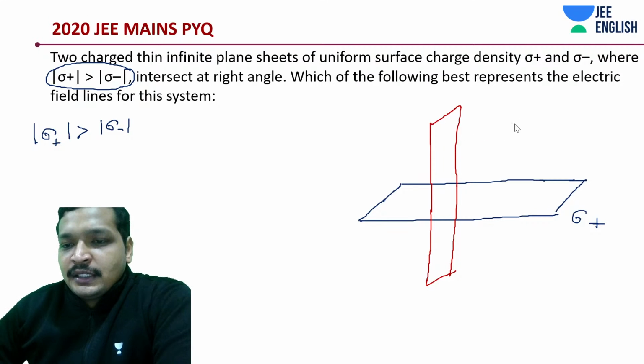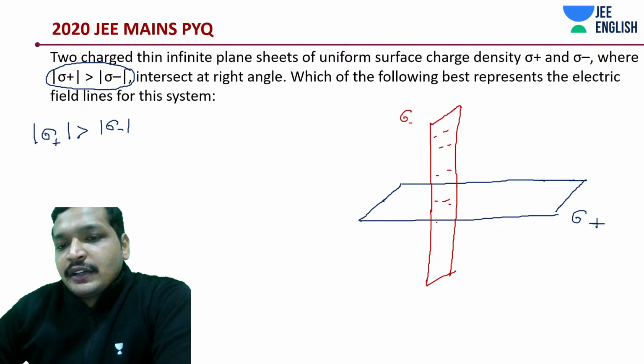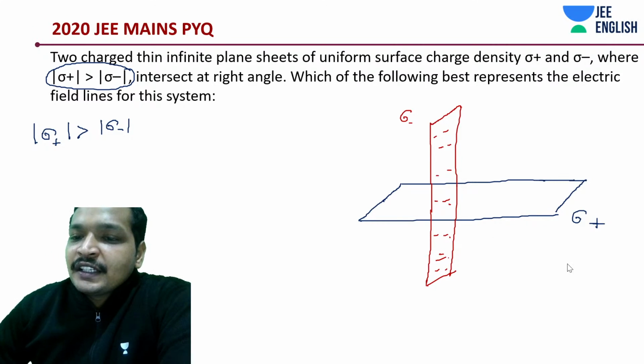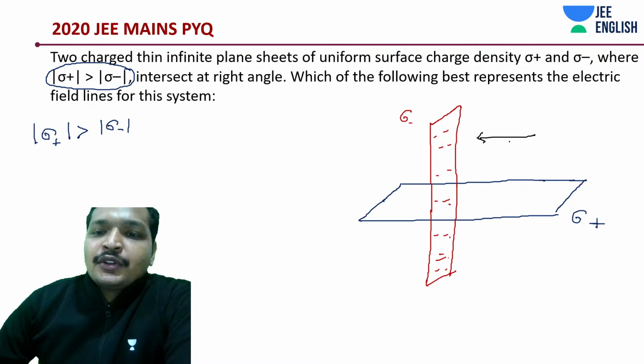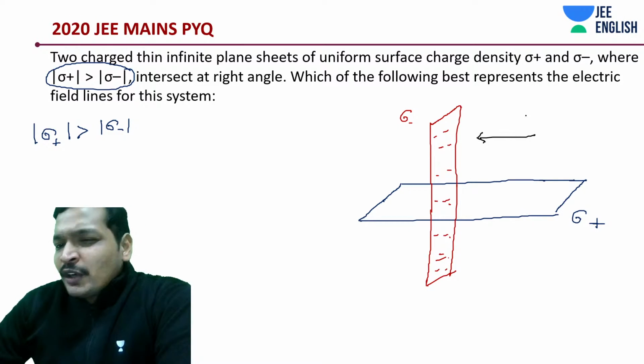Why did I do this immediately? First of all, we are supposed to write this. This is sigma negative, so this is basically a negative charge. With negative charge on it, the field is going to be in which direction? In this direction. What is the magnitude of the field?